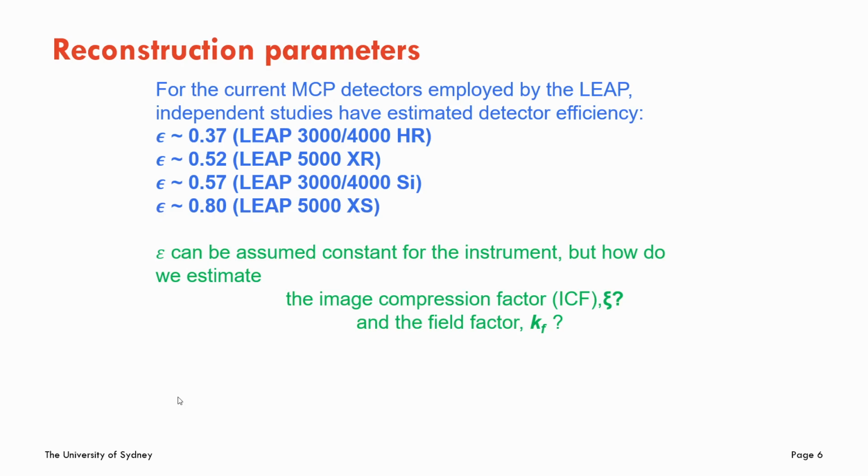But we'll have to test that and work out what that value is. Basically, that stays constant for your instrument, no matter what material you're running. For the instruments we have here at Sydney, we've got straight flight paths, LEAP 3000, 4000 SI, so I'll be using 0.57.